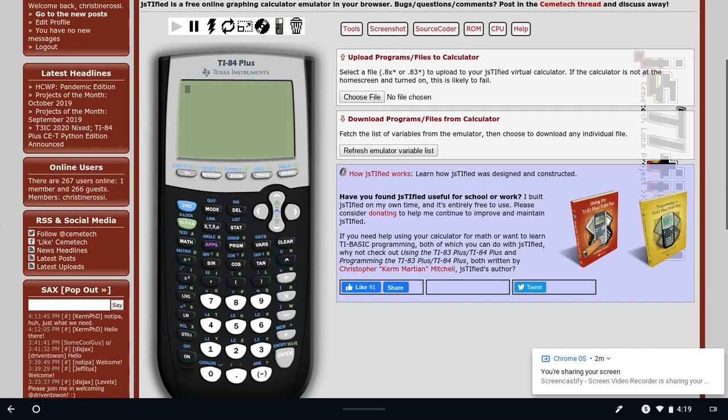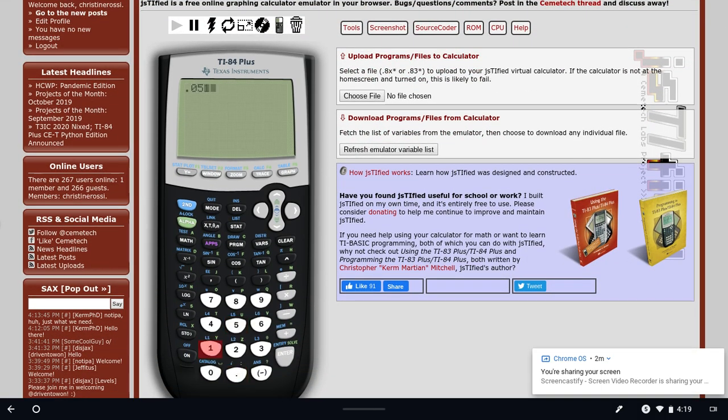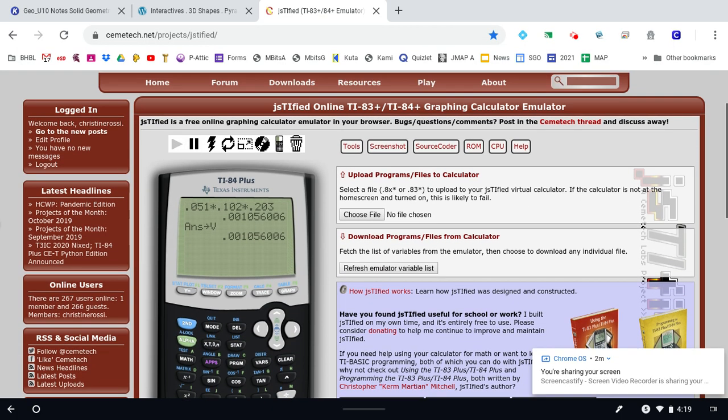Let me just double check that one: 0.051 times 0.102 times 0.203. Okay, now I'm going to store this as my letter V. That's going to save me a little bit of time later.